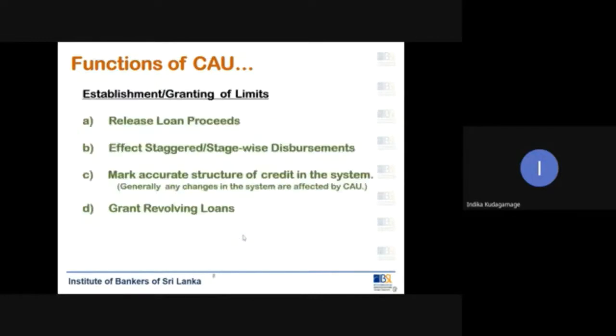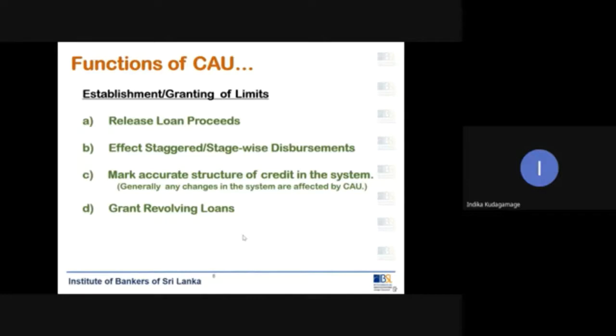What do you mean by establishing, granting of limits? They are the ones who are making the system, like business line approval facility. It is a 5-year term loan, repayable in every quarterly repayment. Right? So we need to input this approved facility to the system.